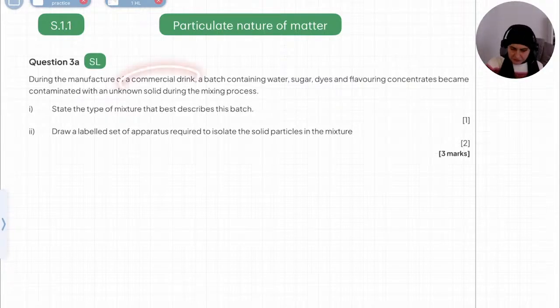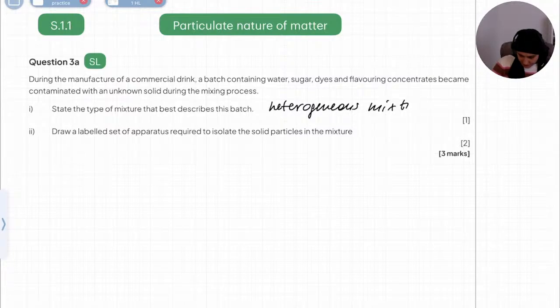So the drink, obviously a homogeneous mixture, was contaminated with solid. State the type of mixture that best describes this batch. After the solid has been introduced, that becomes a heterogeneous mixture. 1 mark, good enough.